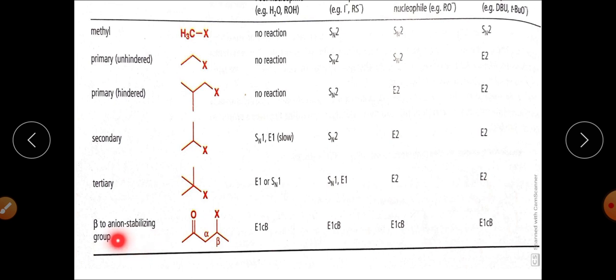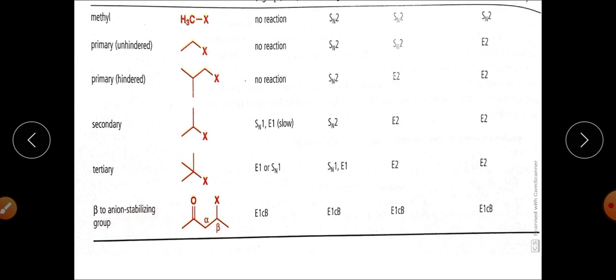This is the case where stabilizing groups are present and that will stabilize the anion, the C negative that has been generated.